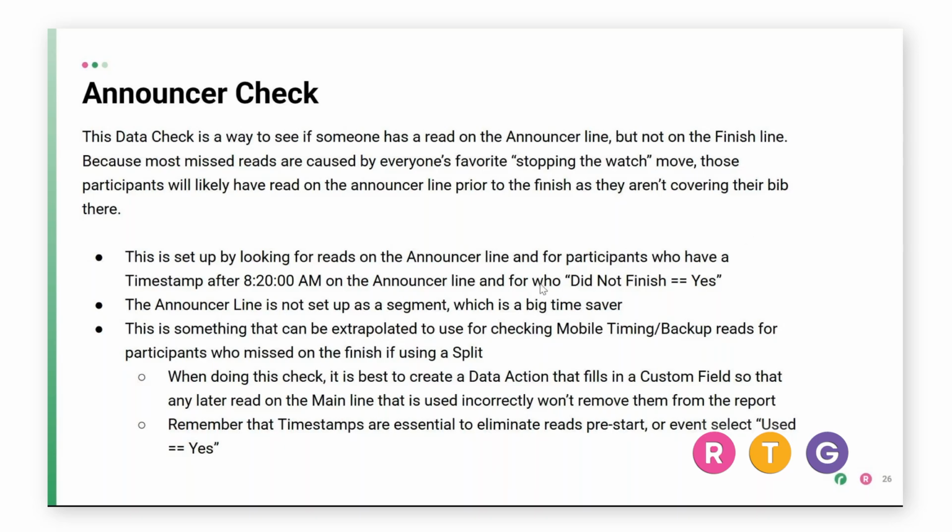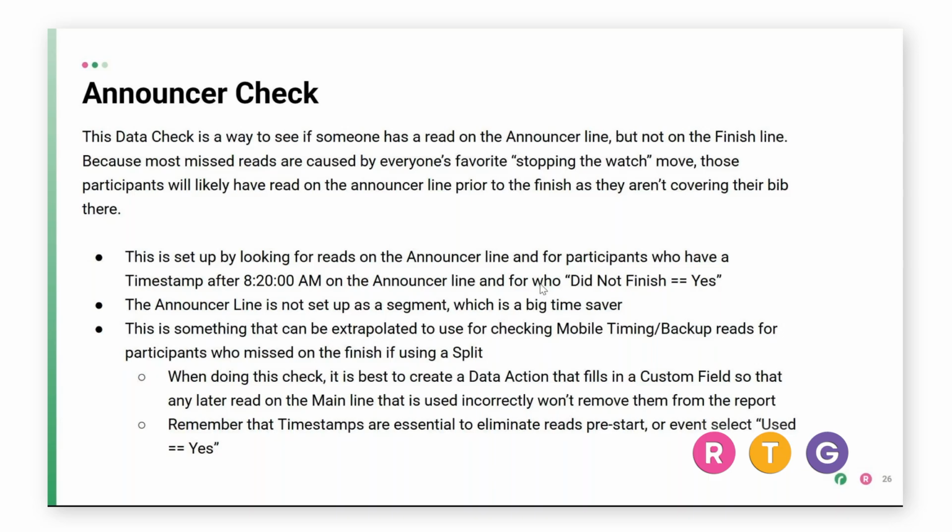But it's probably best if you're doing this to create an actual data action that fills in a field so that any later read on the main line that is used incorrectly wouldn't remove them from a report.